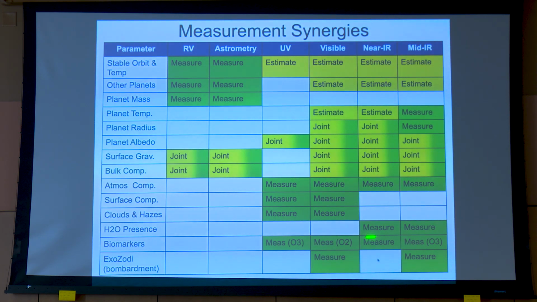Biomarkers, really across this range, but you'd like to have some combination of biomarkers to give you a very robust estimate of what's really there, both combinations of species that shouldn't be there in equilibrium, but also just a broad range of species to help confirm what's really, in Carl Sagan's words, an extraordinary claim demanding extraordinary evidence.